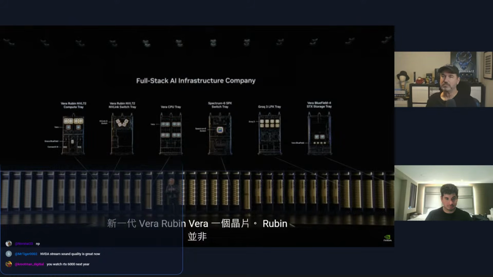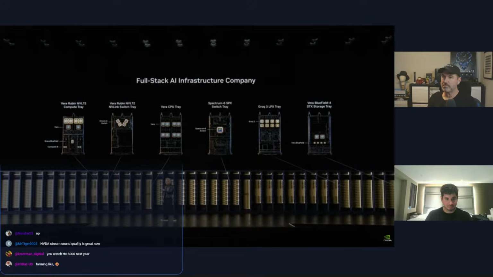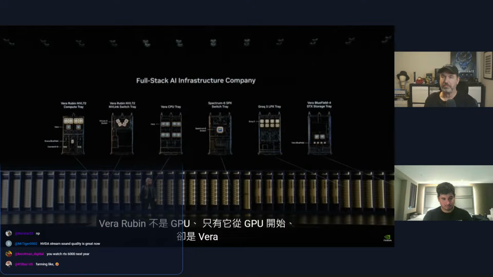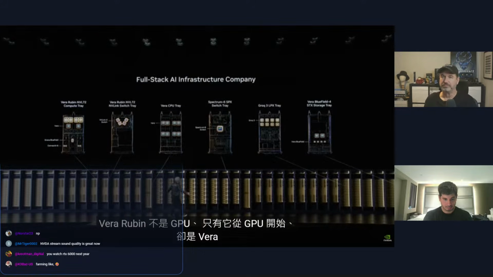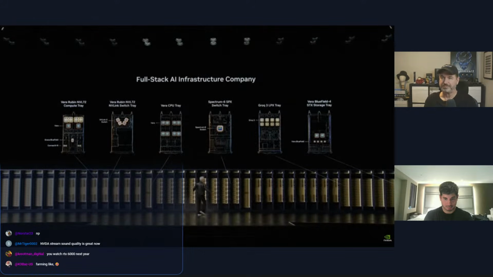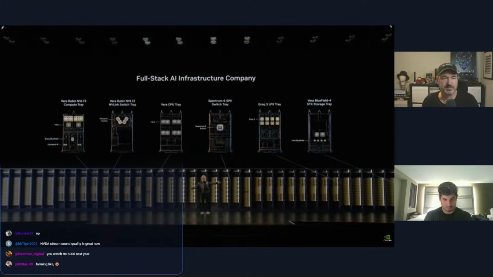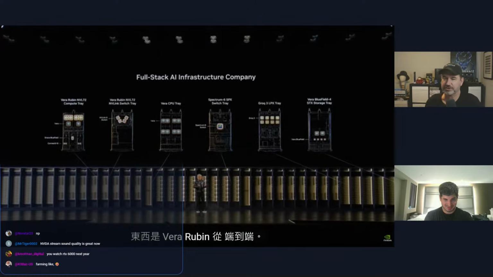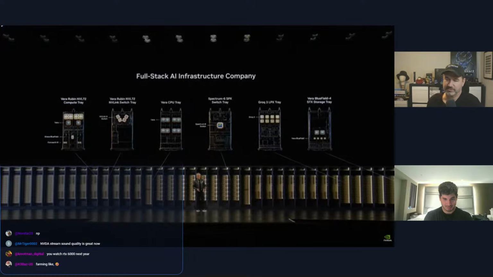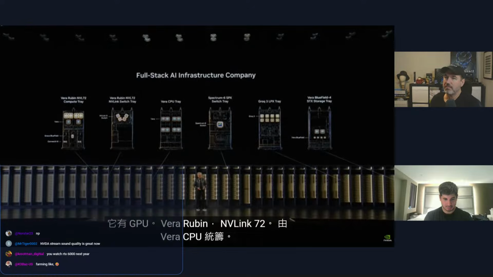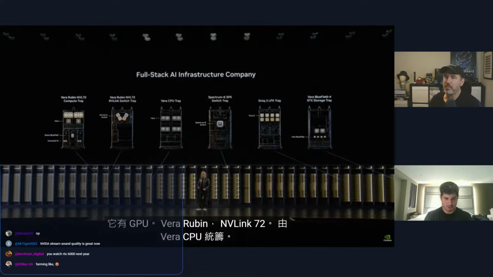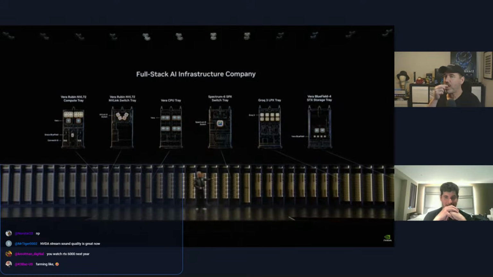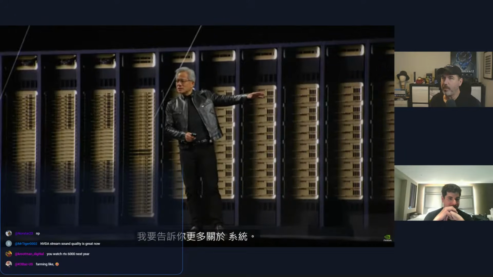Vera Rubin is not a GPU only. It starts with the GPU, but Vera Rubin is incredible. This entire thing is Vera Rubin. From end to end. It has GPUs, Vera Rubin NVLink 72. It is orchestrated by Vera CPUs that I'm going to tell you more about. The storage systems, revolutionary.